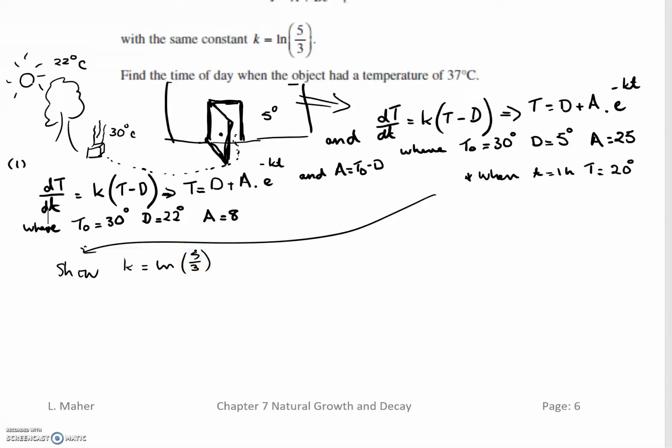And obviously the more of these you do, you'll become quite comfortable with the fact that this constant is a log of a fraction, and you'll be sort of expecting that.